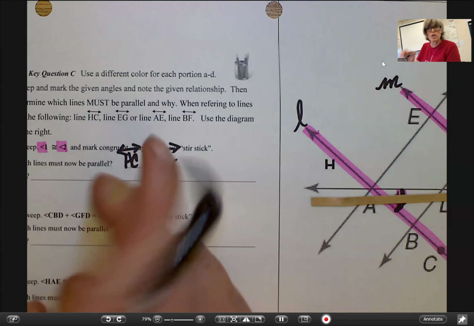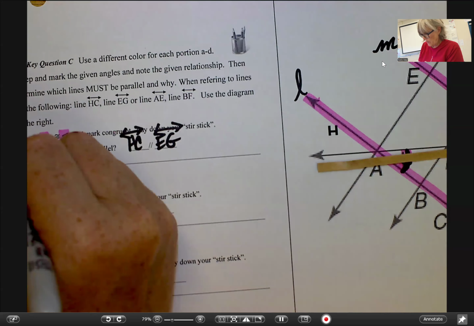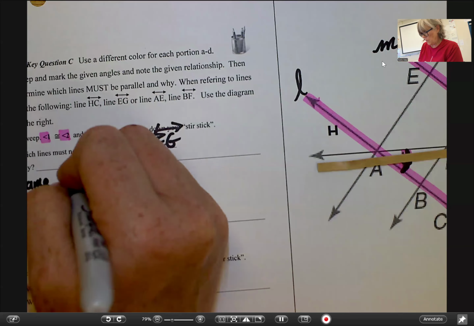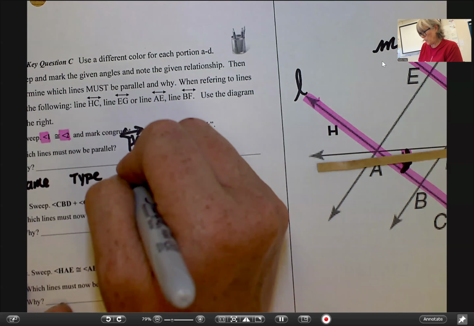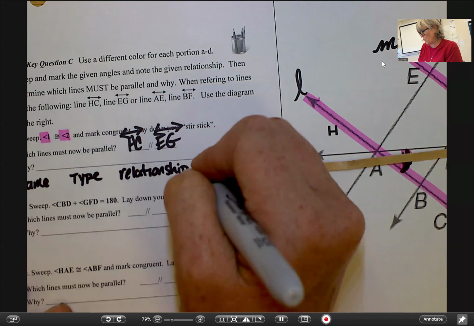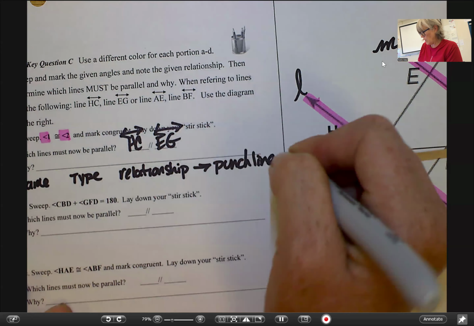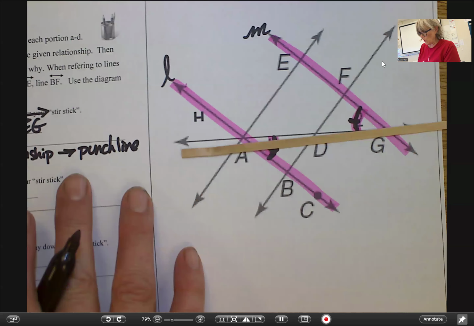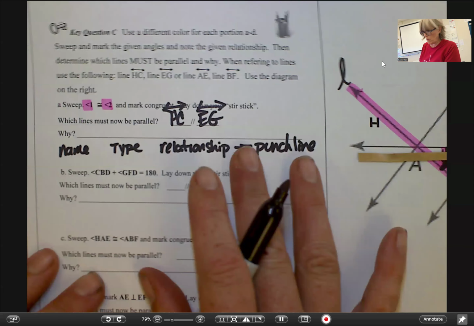Now, your explanation must consist of 3 things: the name of the angles, the type, relationship, and the punchline. This would be an example here. Angles 1 and 2 are alternate interior angles. So why is this? Why were those parallel?